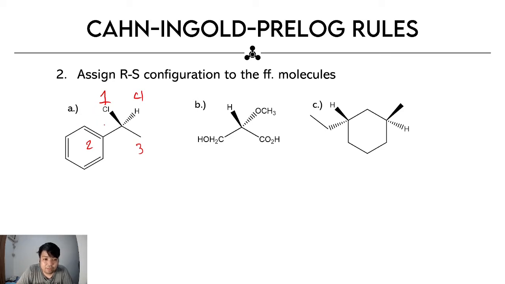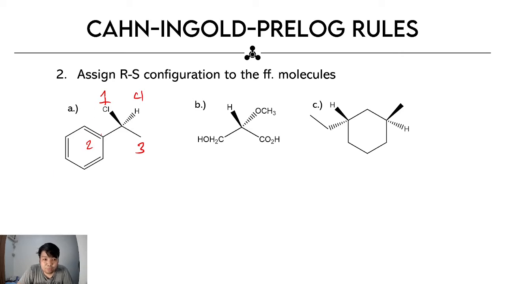Because this is a carbon, and this carbon is attached to 3 other carbon atoms, while this carbon is attached to 3 other hydrogen atoms, and carbon is heavier than hydrogen, so this will be given a higher priority. So this will be the order of priority, the assignment of the priorities of the substituents in the tetrahedral carbon according to the Cahn-Ingold-Prelog rule.